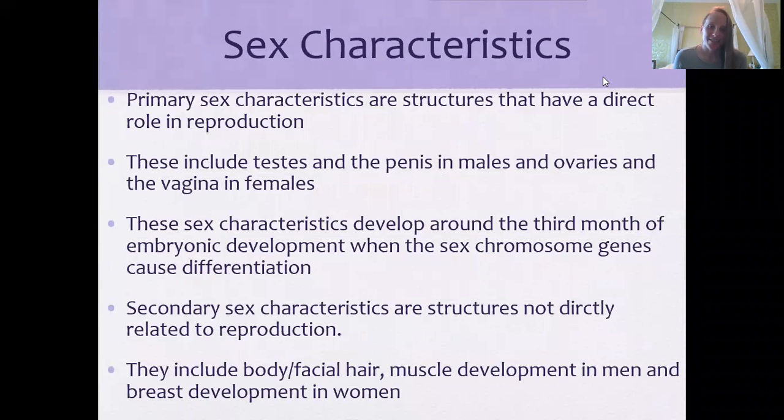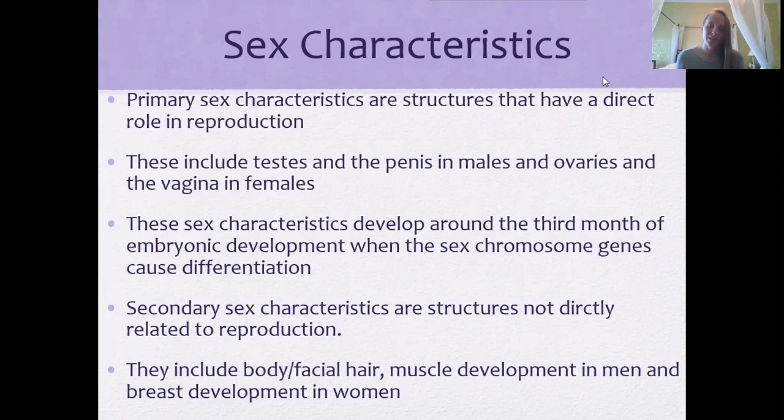So sex characteristics are divided into both primary and secondary sex characteristics. The primary sex characteristics are the actual structures that have a direct role in reproduction. So things like the testes and the penis in males and ovaries and the vagina in females.